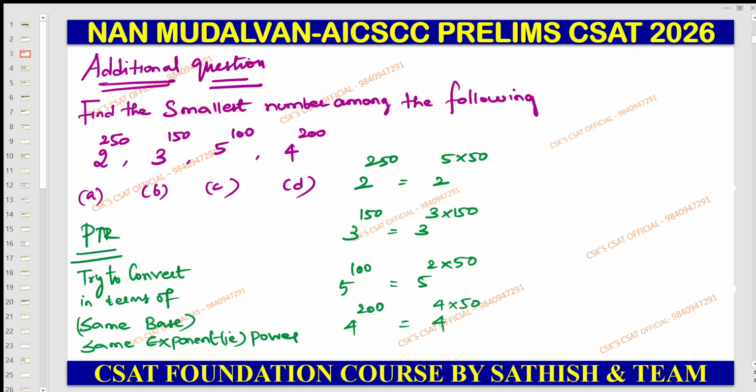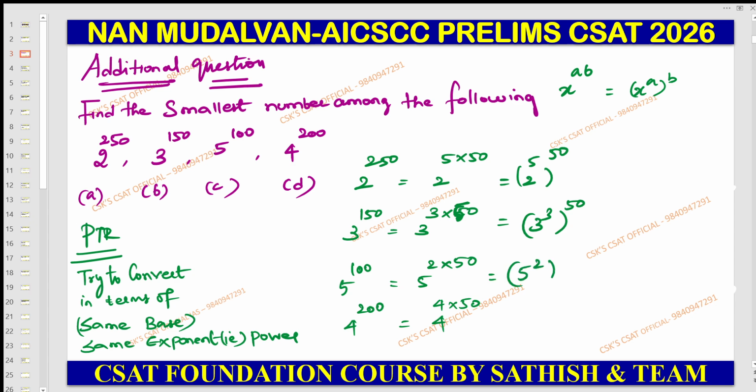Now try to understand the law of indices: x to the power ab can be written as x to the power a, the whole power b. That concept I am going to apply here. 2 power 5 the whole power 50, 3 power 3 the whole power 50, 5 square the whole power 50, and 4 power 4 the whole power 50.